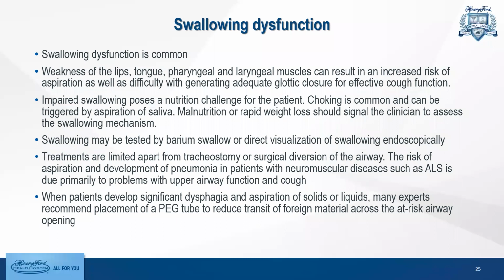If somebody is losing weight unexpectedly, keep in mind that you may be running into muscular weakness, so you can consider doing a swallow study. Treatment is placing a PEG tube if the patient has significant dysphagia and aspiration, in order to deliver safe nutrition. Tracheostomy, diversion of the airway, might be an option, but apart from that, there's nothing else you can do whenever that develops.